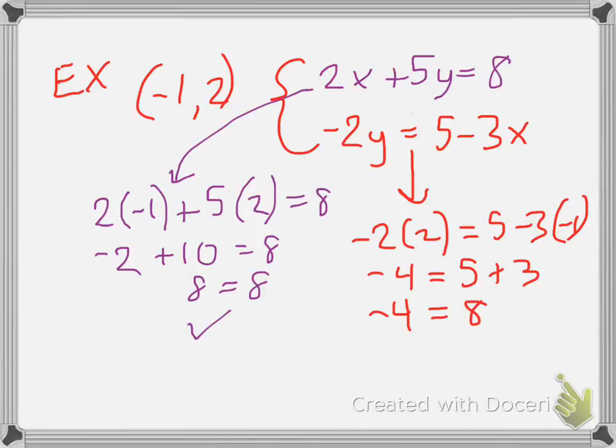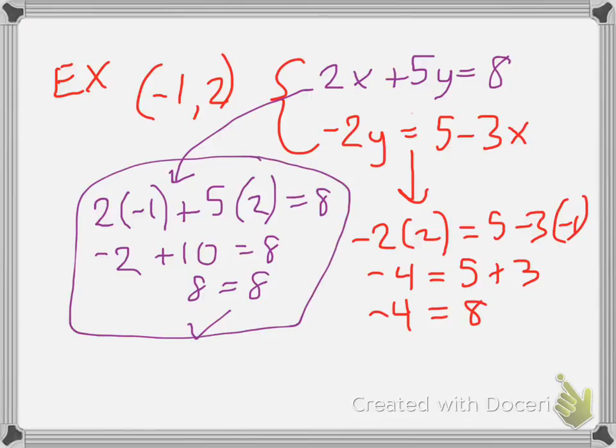So here I changed the top one to purple, just so that it's easier to see the difference. So (-1, 2) did work for the purple. You can see that right here. So that means (-1, 2) is a point on that line. If I graphed that purple equation, it would make a line, and (-1, 2) is a point on it.